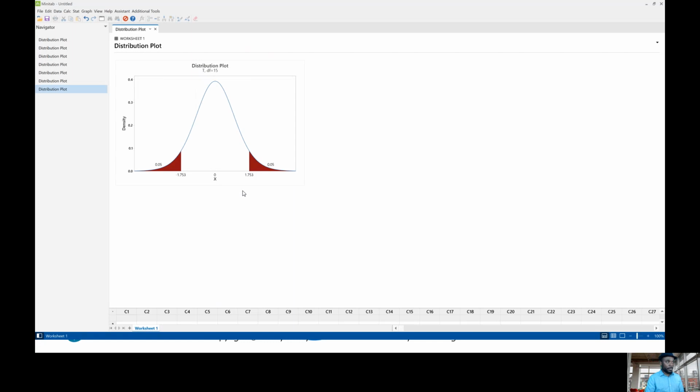When you do that, you can see that the T critical value is 1.7530. If you check the table, you have 1.7531. So it's approximately the same. That's how to determine the T critical value using Minitab.